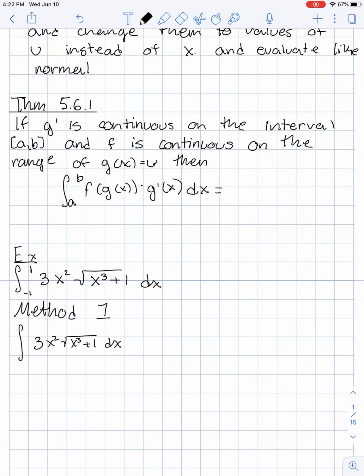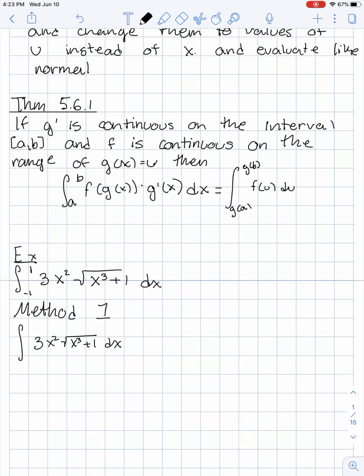Method 2 also yields this theorem, theorem 5.61. So if g prime is a continuous function on the interval [a, b], and f is continuous on the range of g of x equal to u, so basically we're back to u substitution, then the integral from a to b of f of g of x times g prime of x, we can rewrite as the integral from g of a to g of b of f of u du.